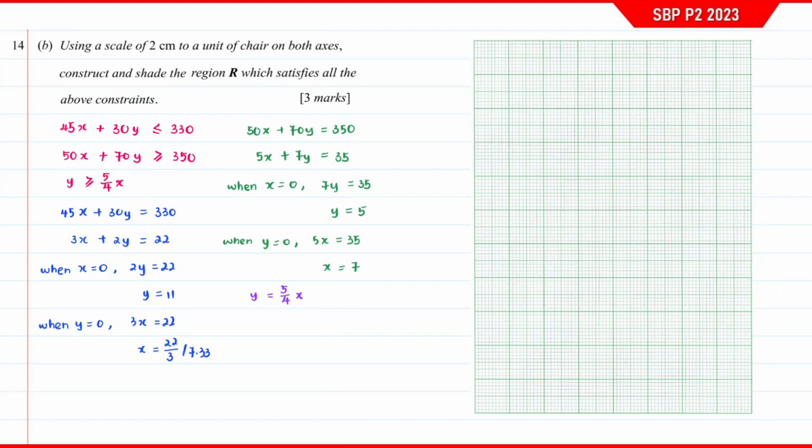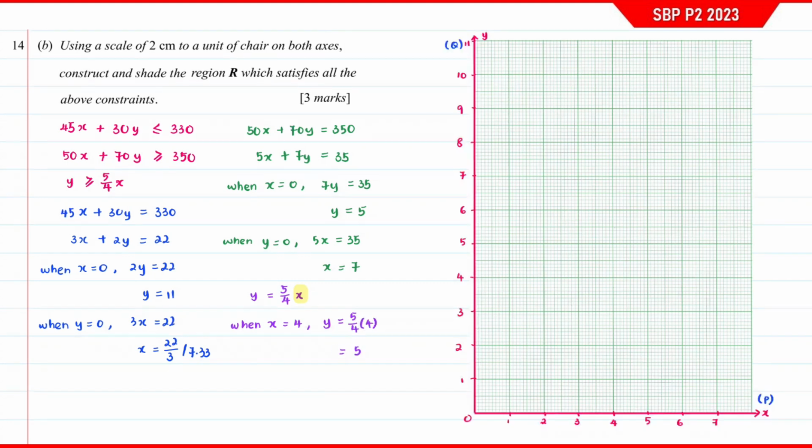So based on this equation, the c is equal to 0. Then the y-intercept is 0. For the other point, I'm going to substitute the x here with the number 4. Then y is equal to 5 over 4 times 4, which is equal to 5.